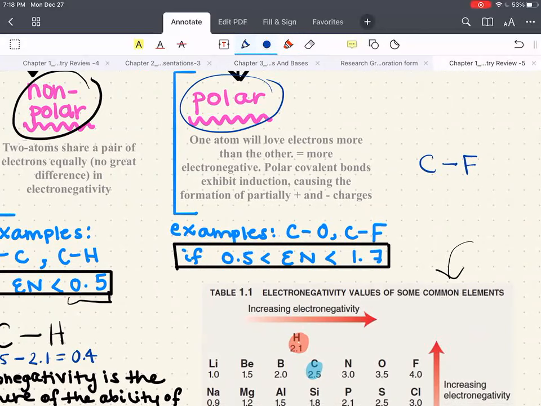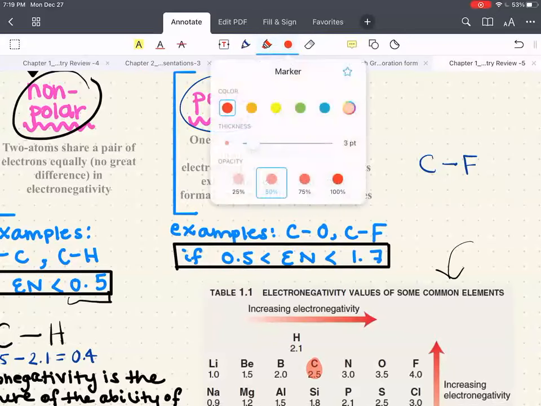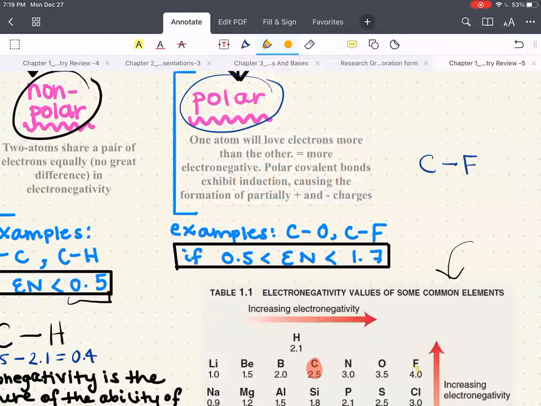Carbon has an electronegativity value of 2.5, and fluorine has an electronegativity value of 4. So we're going to take the difference between those two. We're going to do 4 minus 2.5, and that gives us 1.5.